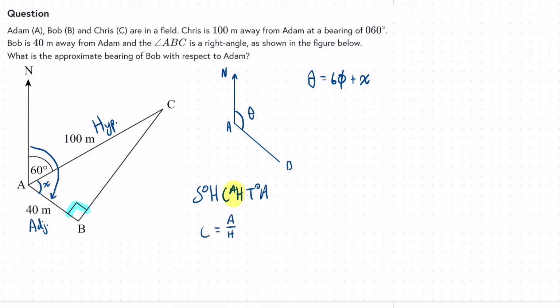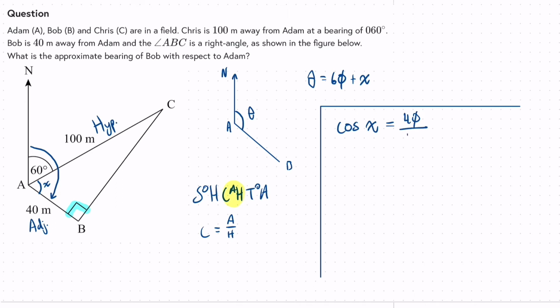And actually that is what I'm looking for, right? I'm looking for the angle. So what I'm going to do now is put this into something I can use. So cos x is equal to adjacent, which is 40, divided by 100.